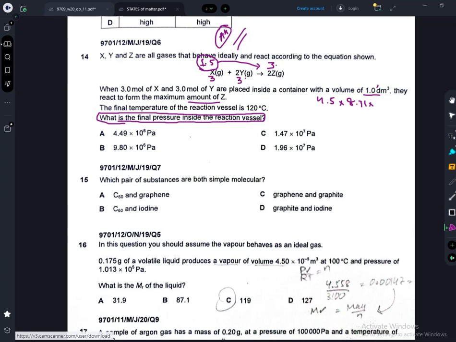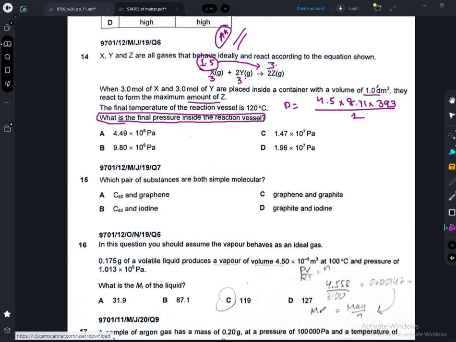What was the temperature? Let me put this into my calculator. This is 393 Kelvin, and divided by the volume. Volume is 1. So you do these calculations, multiply 8.31 into 4.5.